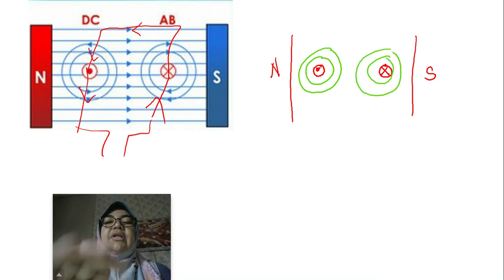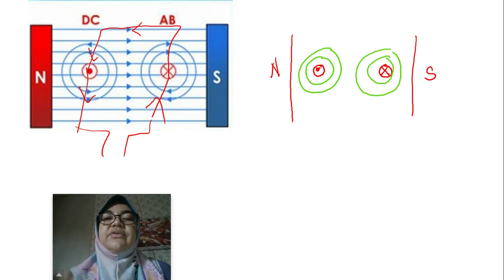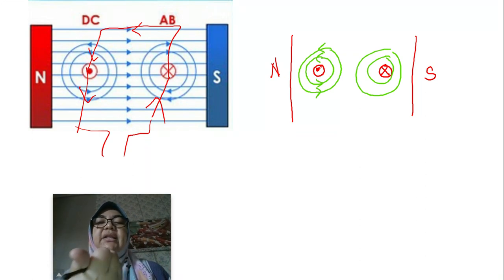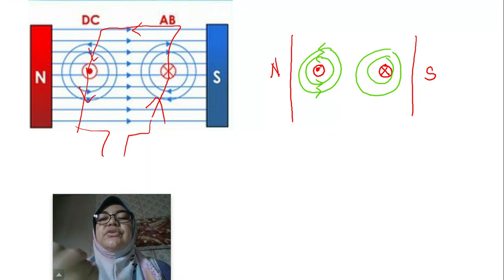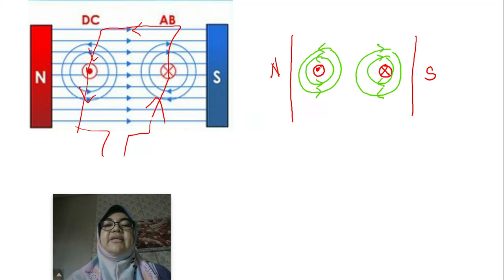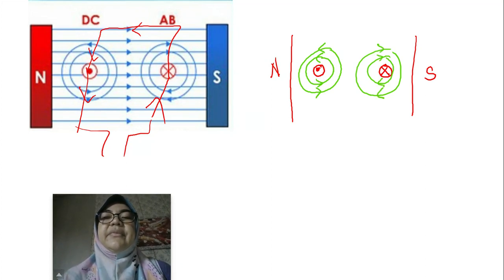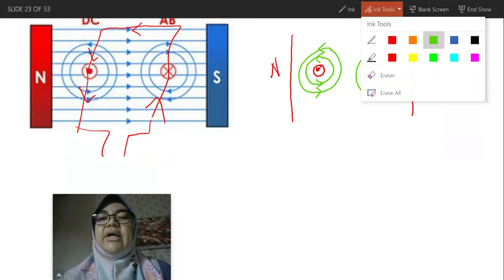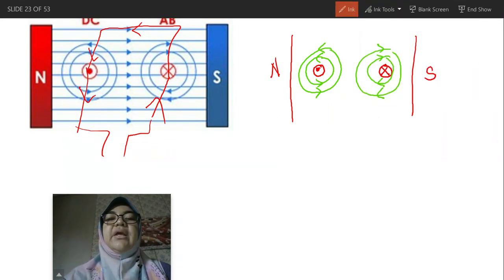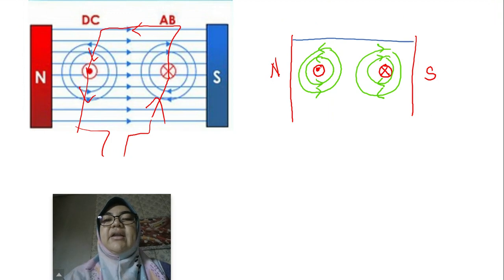On the left, current going out, so the direction of magnetic flux is like this, and on the right, coming into the paper, so the direction of the magnetic field is like this. Okay, so let's draw again the direction of the magnetic field for the permanent magnet.